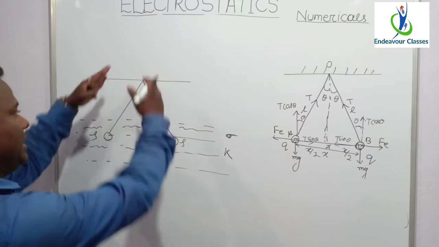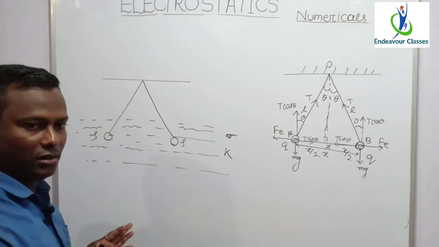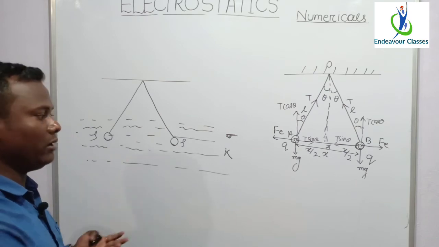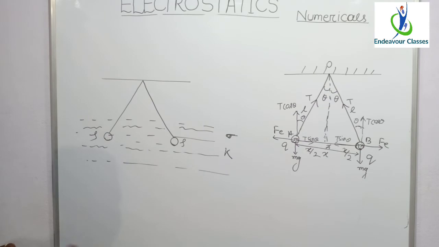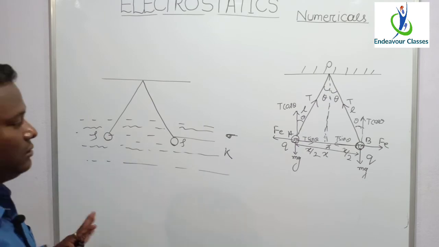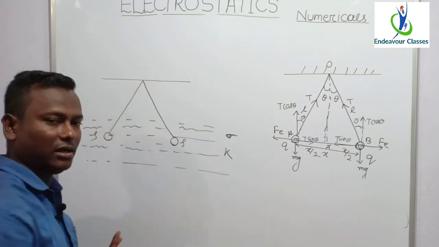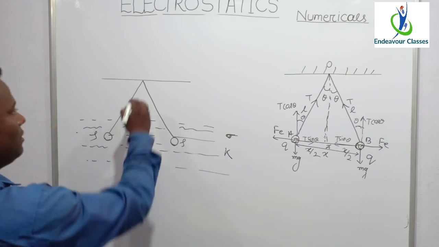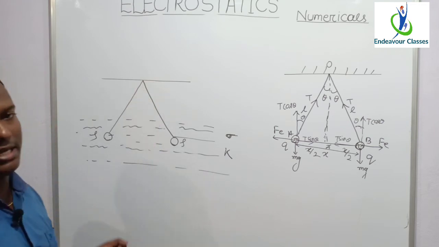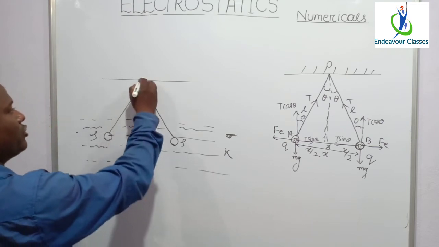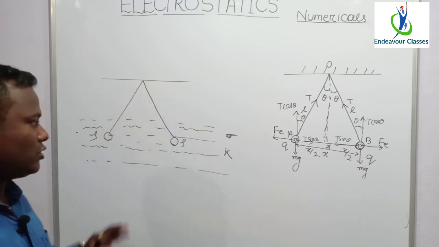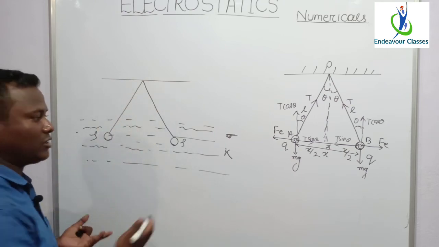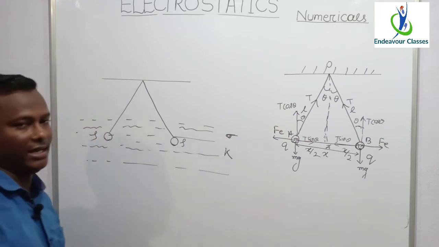So when this entire system is dipped in a liquid of dielectric constant K, we are asked to find out, such that when this system is dipped in that liquid, the angle made with the vertical does not change, or the angle between the strings remains the same. So in that case, you are asked to find out the dielectric constant K.